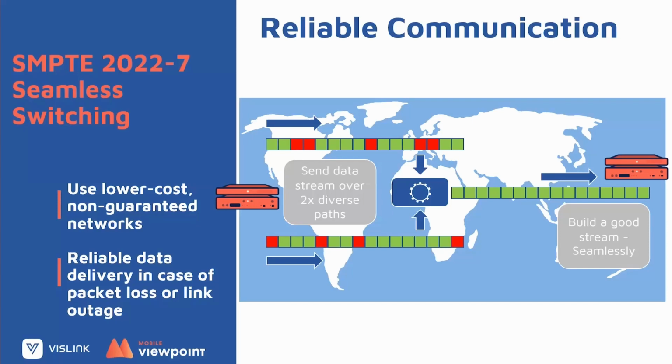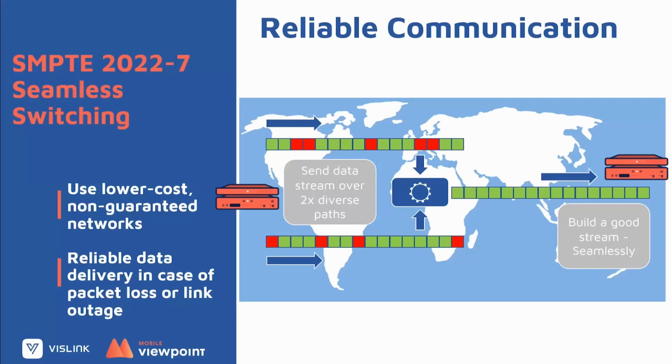Maybe there might be occasional packet drops, but for that you are paying less money. So this is giving you the ability to produce a lower cost solution to move content around the globe.